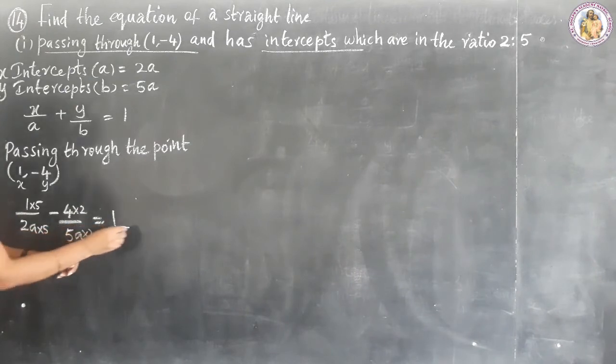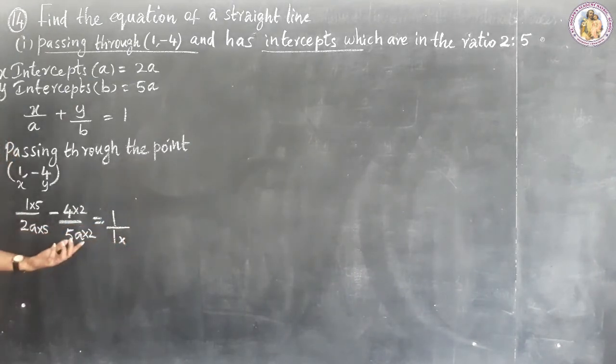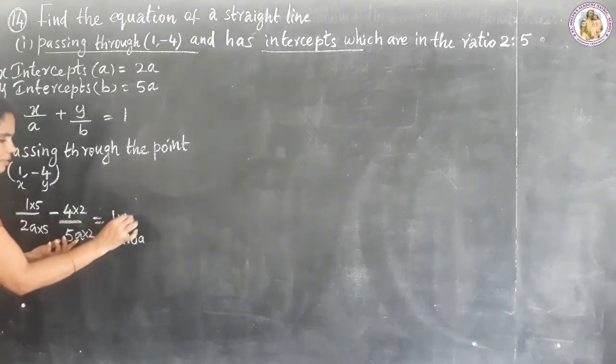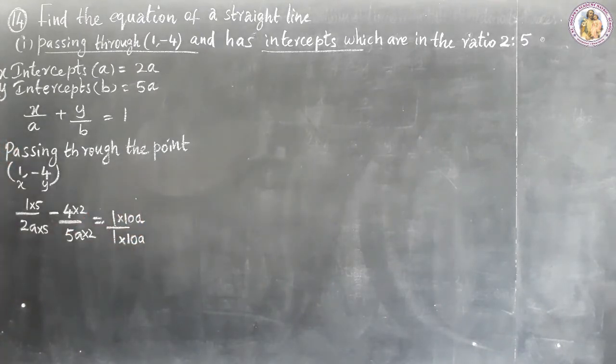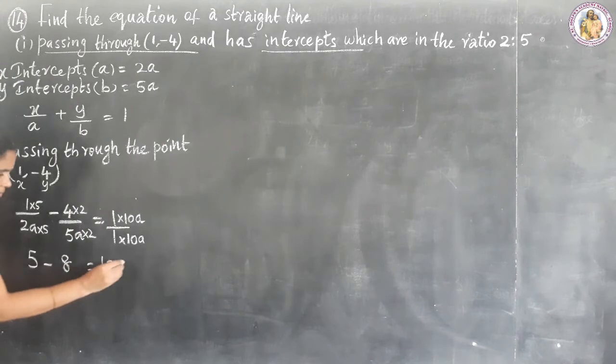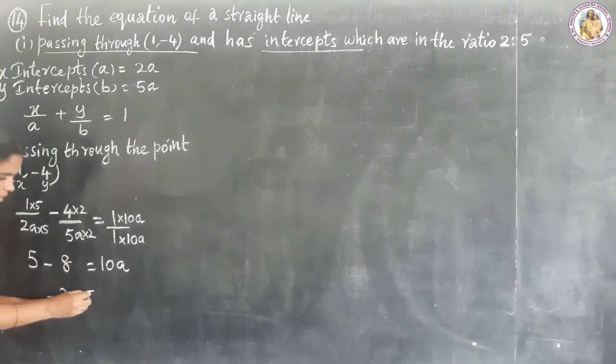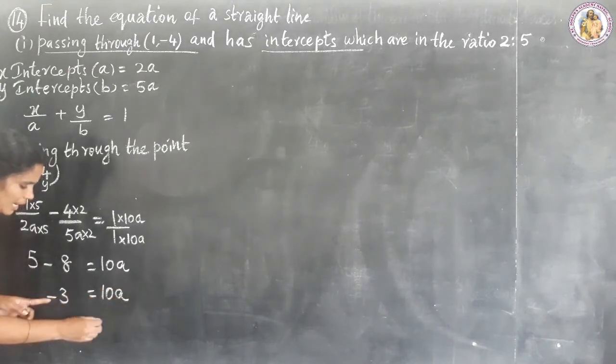Same here, 1 into 5 twos are 10a. So 10a. Now 5 ones are 5, minus 4 twos are 8, is equal to 10a. 5 minus 8 is minus 3, 8 is greater, so minus 3 is equal to 10a.